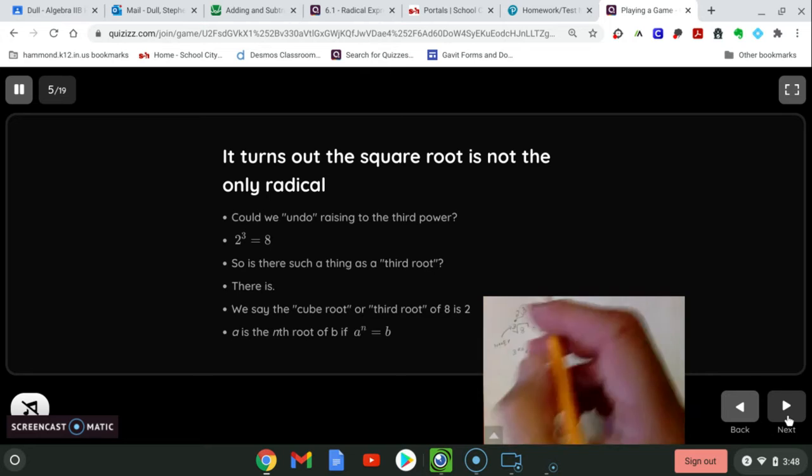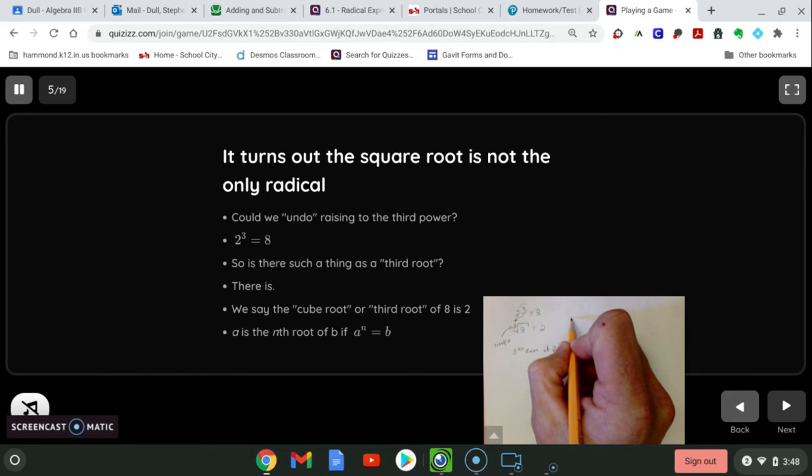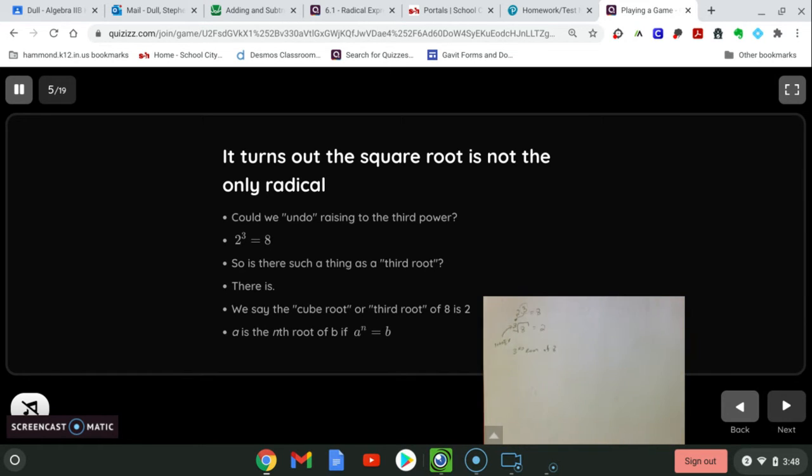And so in general, here's what we can say. A is an nth root of b if a to the n power equals b. So n is just a variable that we're using to stand for whatever the exponent is. And so when we say the nth root, it sounds a little odd, right? But rather than a square root, we know we have third roots, fourth roots, fifth roots, whatever the case might be.